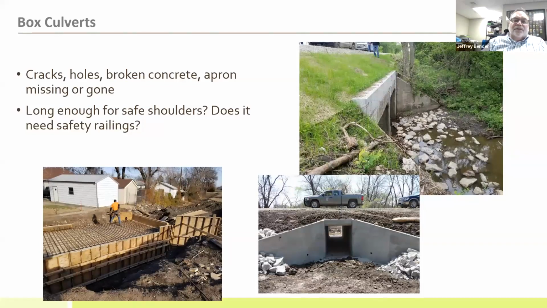As you can see in that picture, even after we lowered the trail over the box, it's still an excessively steep side slope or shoulder on the trail. So in places like this, we added handrails over the top of that concrete box along the side of the trail for safety. Okay.